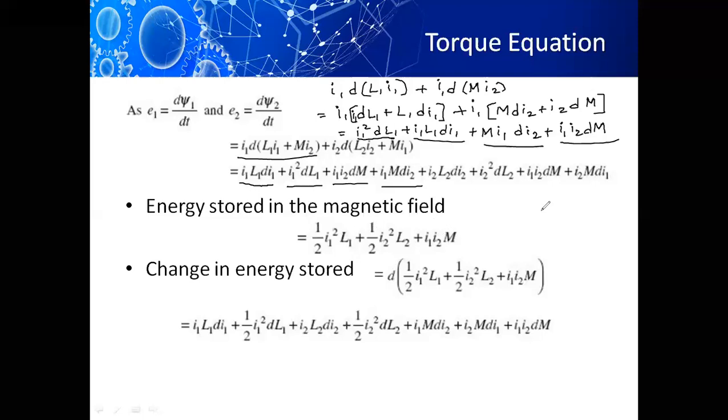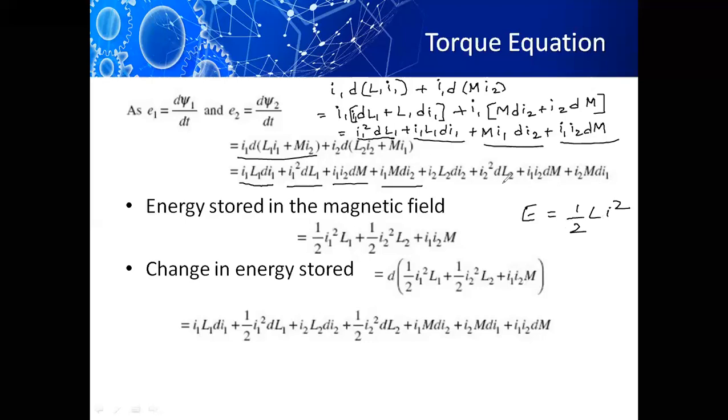We know that energy stored in the magnetic field would be half L i square. So in an inductor L, when the current flowing through the inductor is I, the energy stored in the inductor would be half L I square. Of course, an inductor will be storing energy in the magnetic field only.